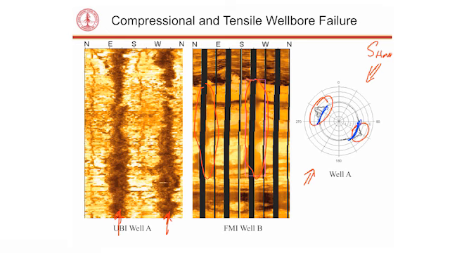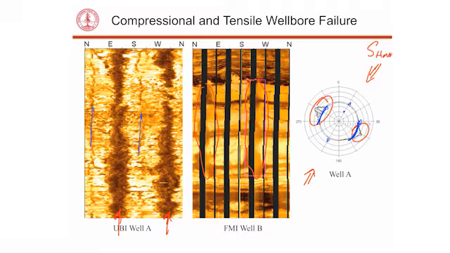What's interesting about this well is here and here, we actually see drilling-induced tensile fractures, which are 90 degrees from the breakouts, right? This is north, east, south, west, north. So these two things are 180 degrees apart, and these two are 180 degrees apart and 90 degrees offset. So those drilling-induced tensile fractures, which you can't see in the cross-section here, are giving us an independent indication of the direction.